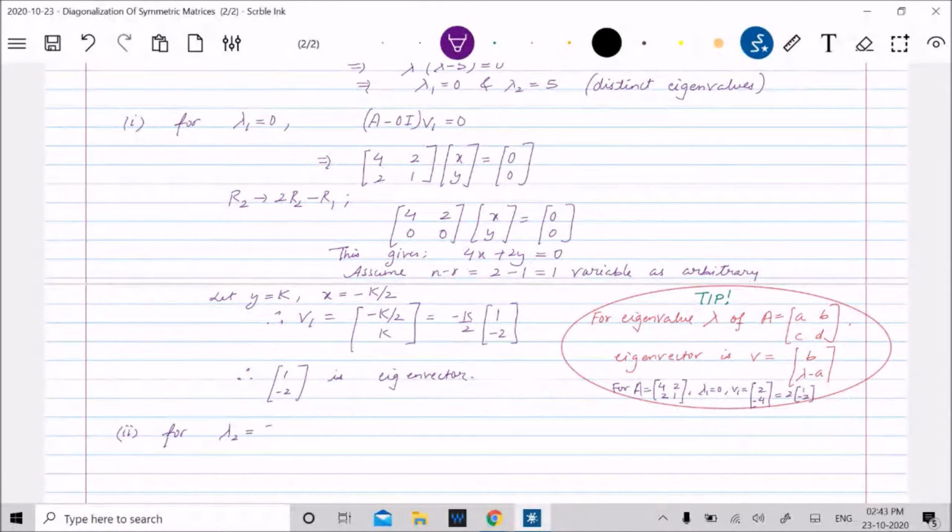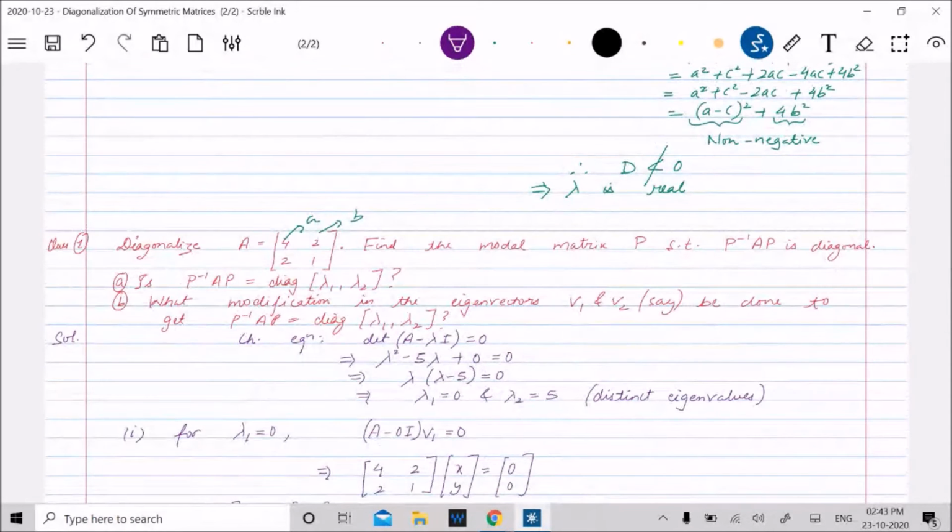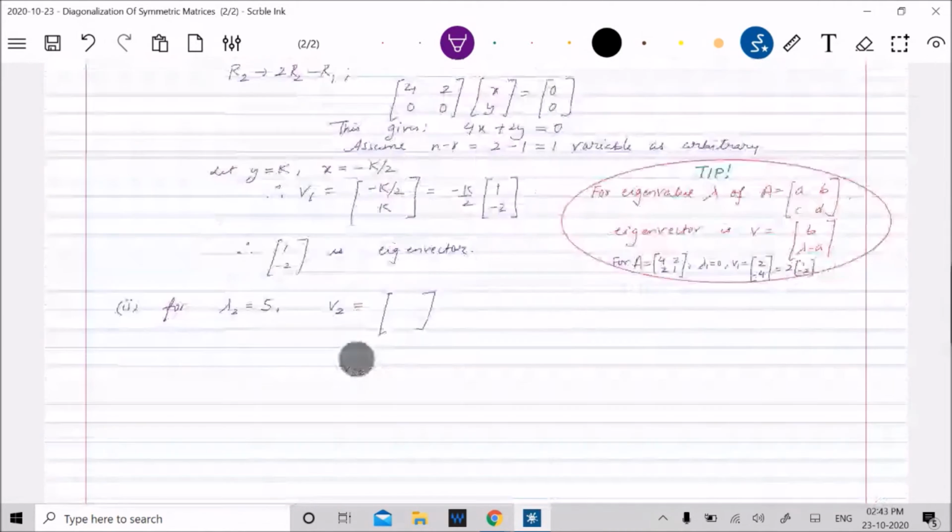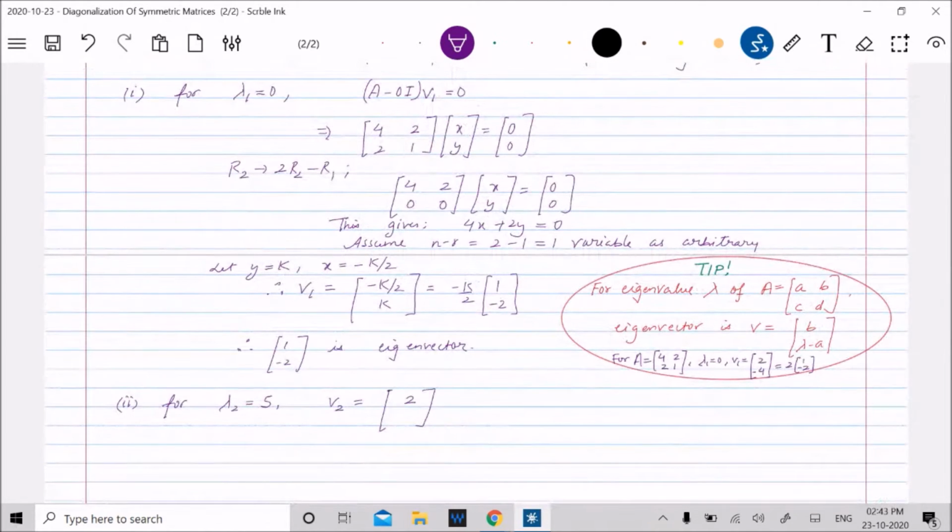I'm writing the direct formula. Please try to use the direct formula. What is B? See, B is 2, A is 4, right? So here you write B and lambda 5 minus 4, right?